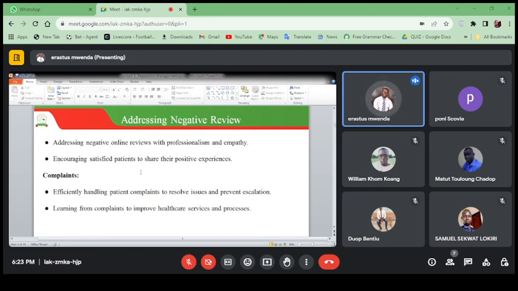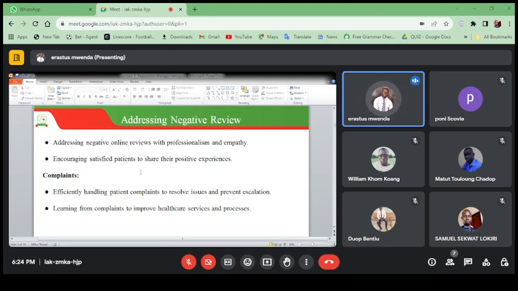We could also be having issues of complaints. Efficiently, you need to handle these complaints to resolve issues and prevent escalation. Escalation is where these complaints become so big that maybe they are magnified by the media.